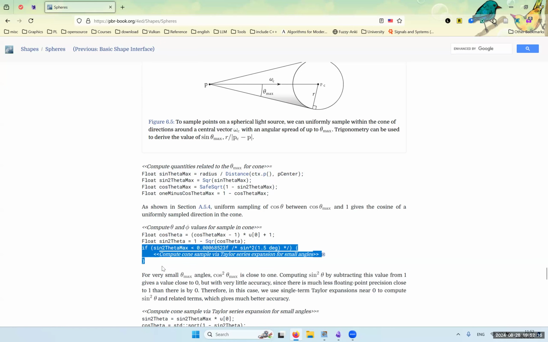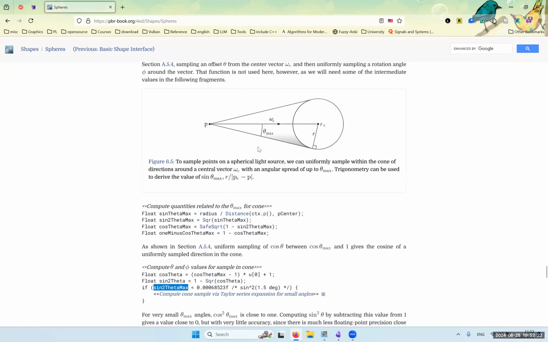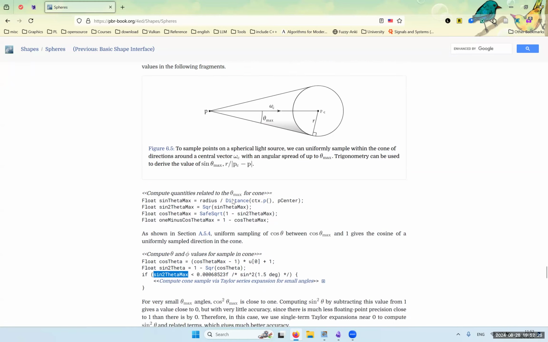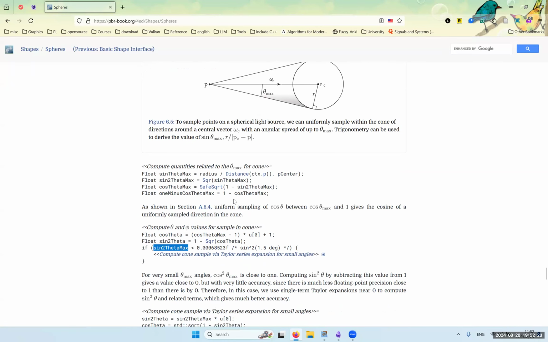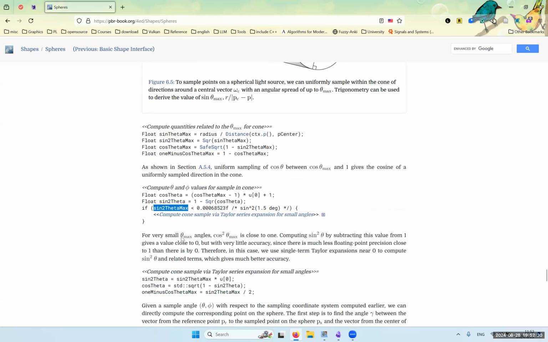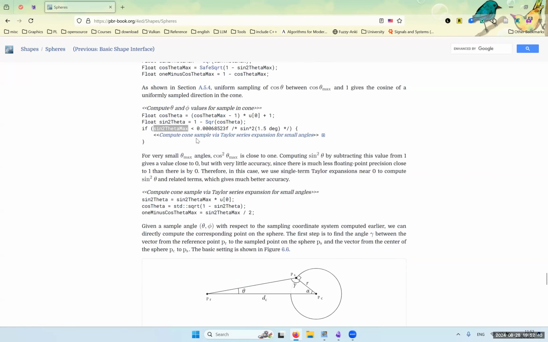I guess this is a special case if theta is really small. For really small theta angle, the cosine squared is close to 1.